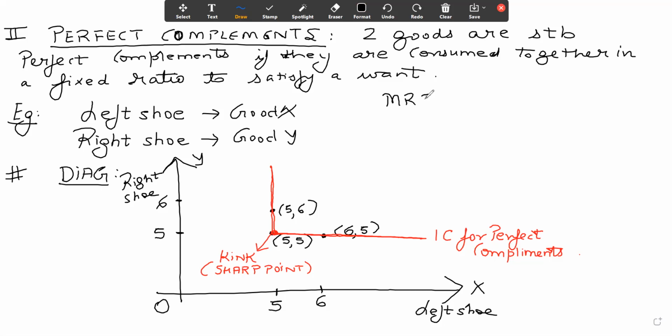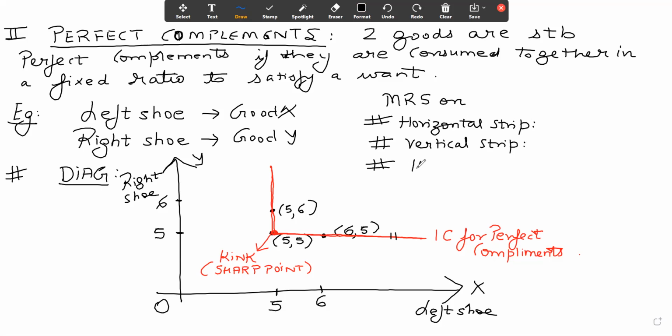What will be my MRS on the horizontal strip? What will be my MRS on the vertical strip? And what will be my MRS at the kink?